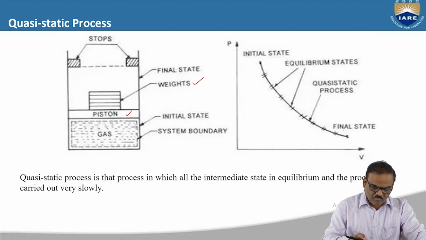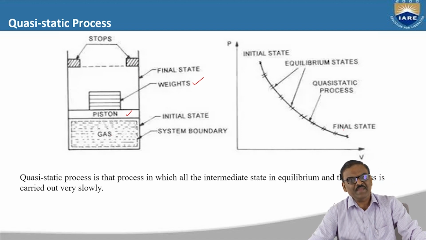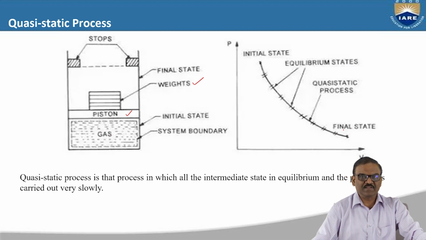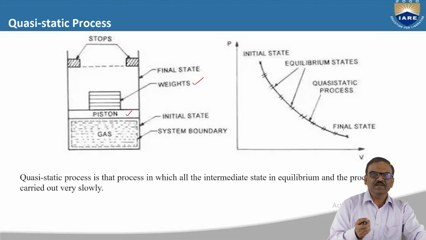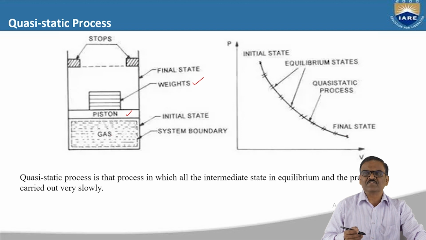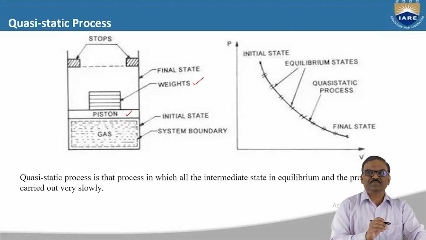Instead of weights, if you keep a heap of sand particles on the piston and keep removing one particle after another, the system will reach the final state very, very slowly, and the intermediate states are also considered to be equilibrium states.